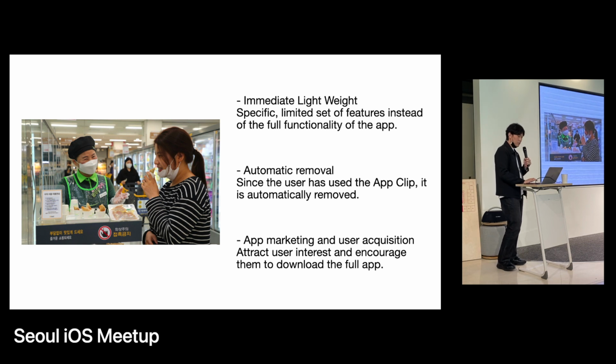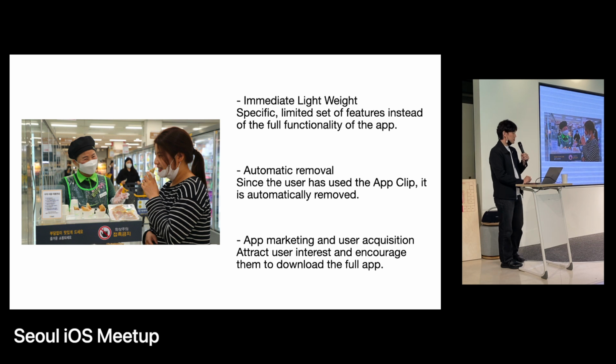App Clips are also really lightweight, so they offer a specific and limited set of features instead of the full functionality of the app. For example, if your app has Apple Pay and your app is really huge, and the user only wants Apple Pay, you can just make it an App Clip. Also, because it's immediate and lightweight, it's automatically removed after like two or three days, I guess.